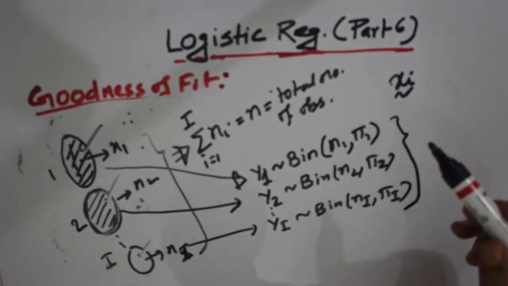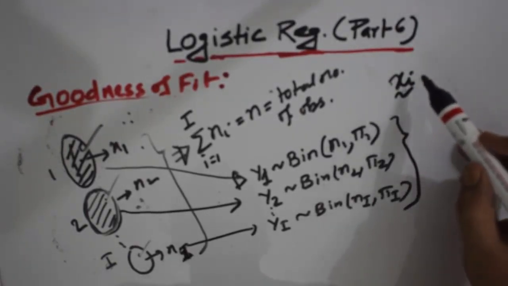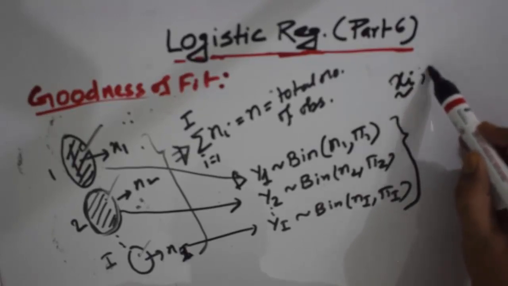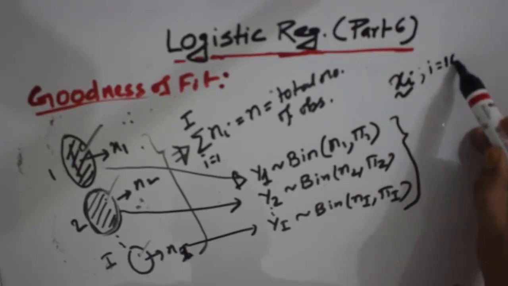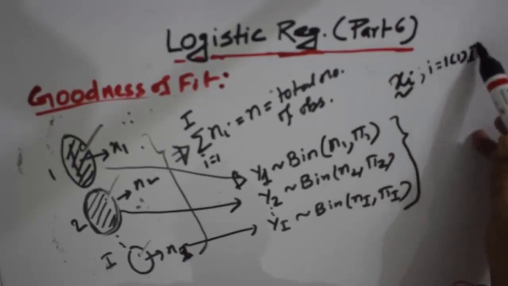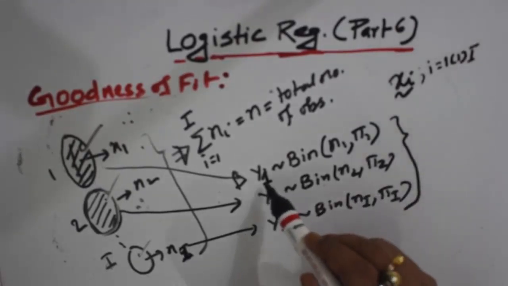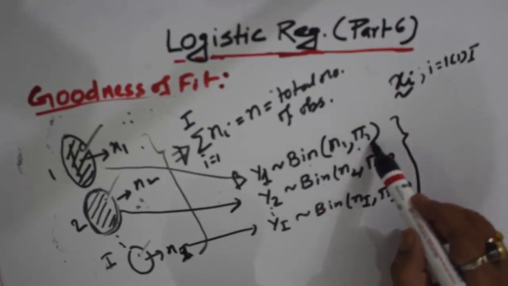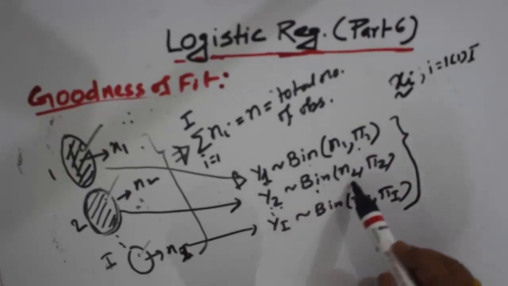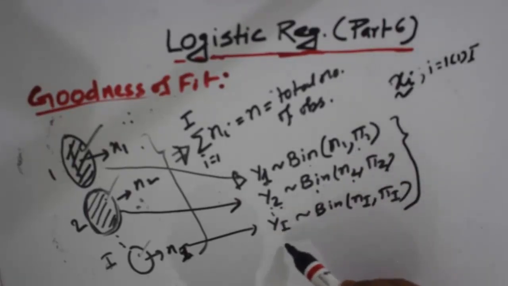So with the same covariate vector xi, i from 1 to capital I, y1 follows binomial n1 pi 1, y2 follows binomial n2 pi 2, and so on.